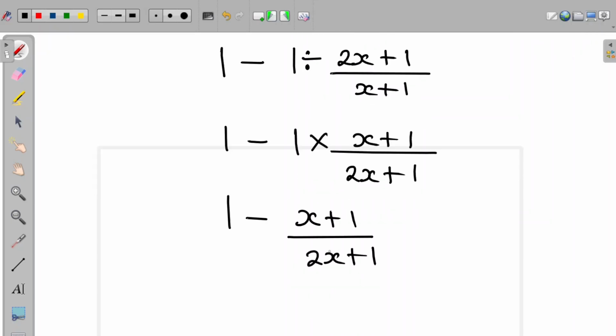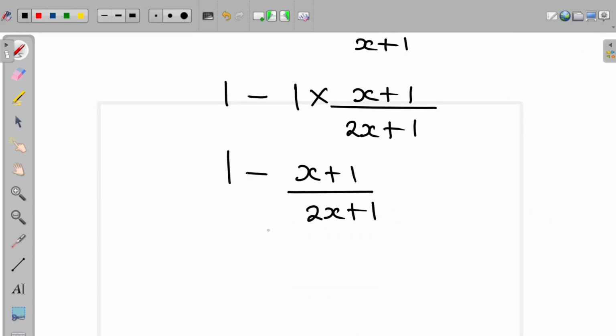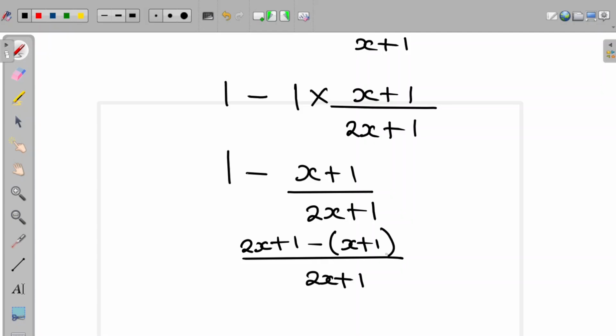So again, we take LCM, and our LCM this time is 2x plus 1. 2x plus 1 divided by 1 is 2x plus 1. 2x plus 1 times 1 is 2x plus 1, minus 2x plus 1 divided by 2x plus 1 is 1. 1 times x plus 1 is x plus 1.